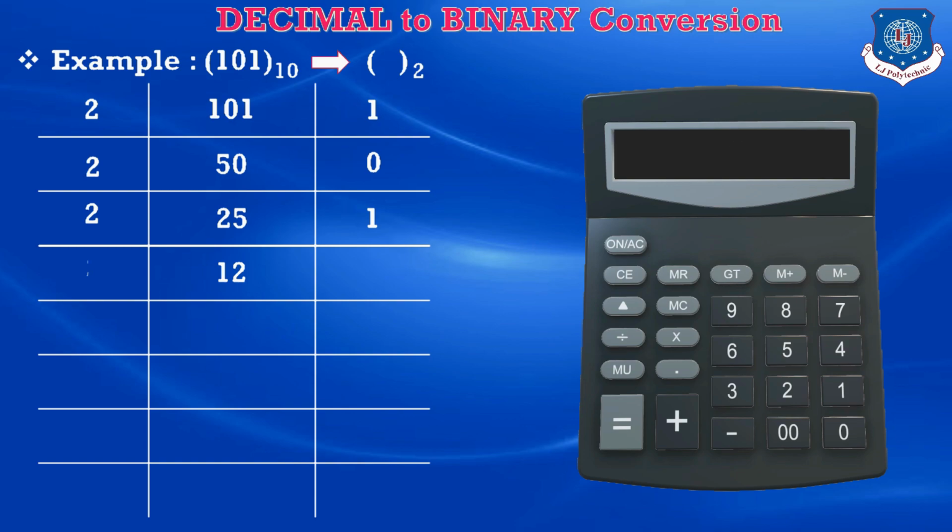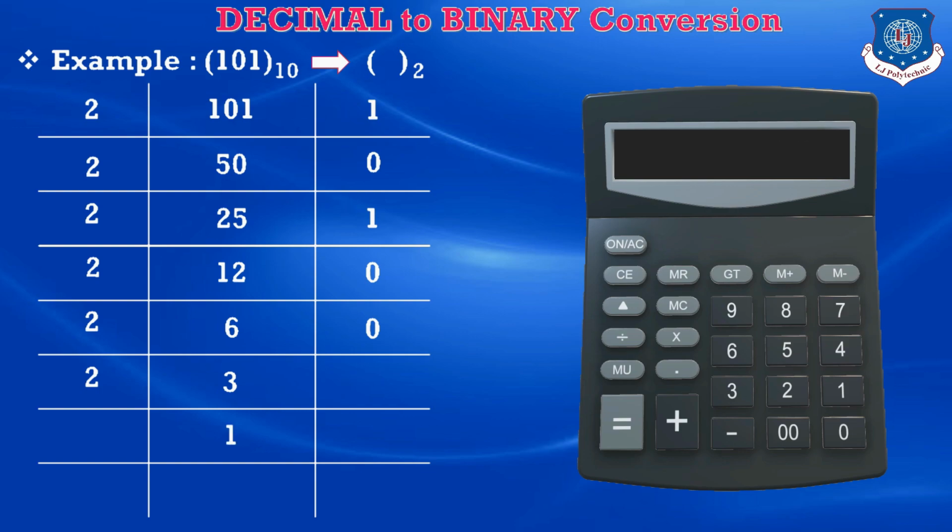Now again the same procedure. 12 is divided by 2, equals 6. Here 6 becomes the quotient and the remainder is 0. Now 6 divided by 2 gives 3. This 3 becomes the quotient and the remainder is 0. Next step, 3 divided by 2 gives 1.5.